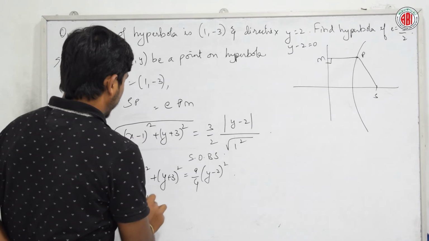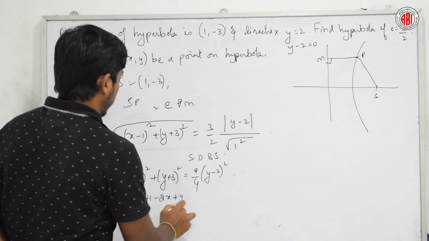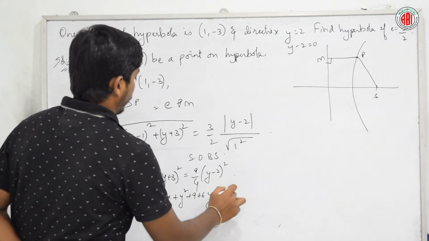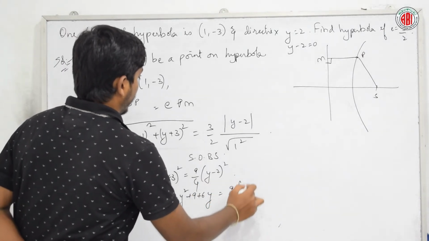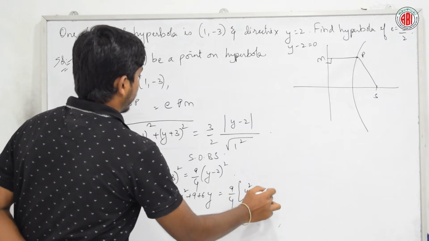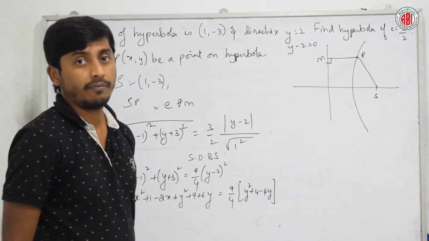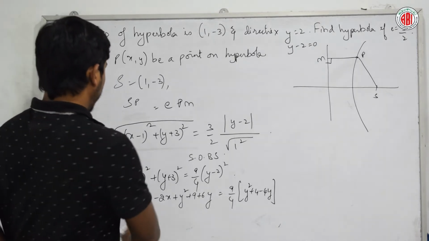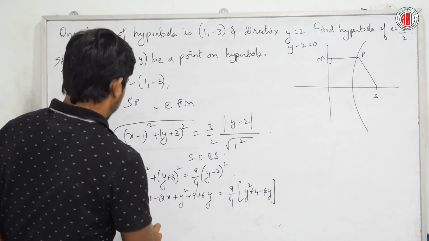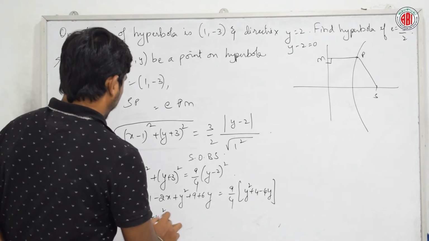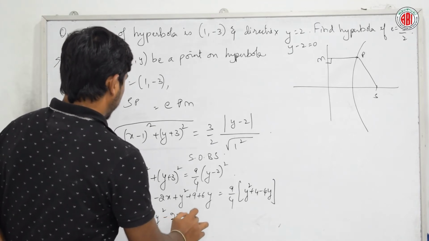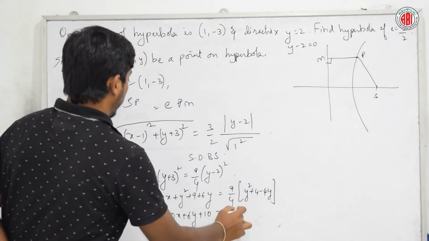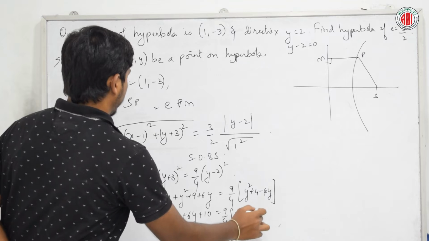x square plus 1 minus 2x, y square plus 9 plus 6y is equal to 9 by 4 into y square plus 4 minus 4y. Now check whether we can cancel something. No. So x square plus y square minus 2x plus 6y plus 10 is equal to 9 by 4 into (y square minus 4y plus 4).